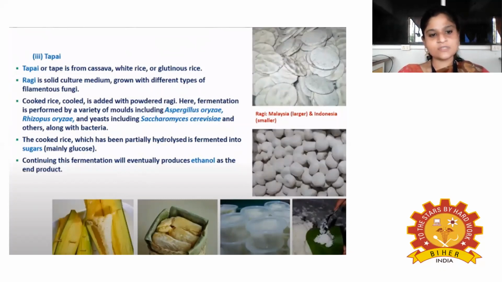You can see the picture of this product here. For this ragi, you can see this. It is in Malaysia and Indonesia. So you can see the images of it. So these are all a few examples that you can see for the solid state fermentation process.